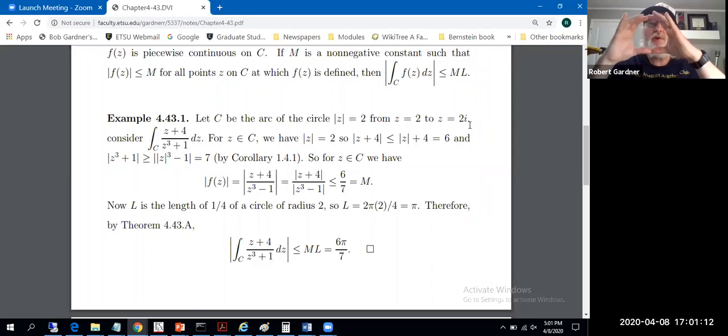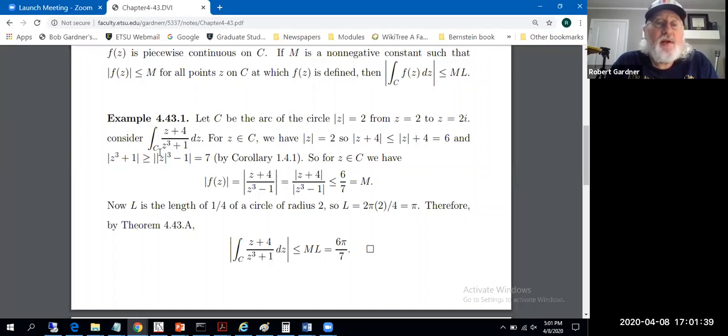So we're taking the piece of that circle in the first quadrant, where both real and imaginary parts are positive. So it's a quarter of a circle of radius 2. We'll be needing its length shortly. So there's the arc C.